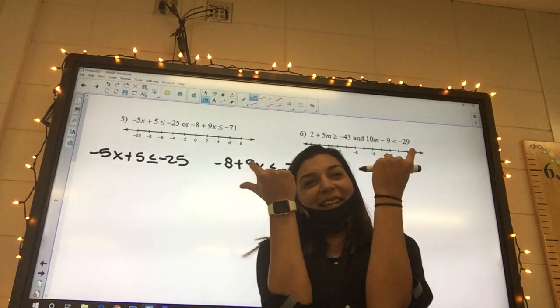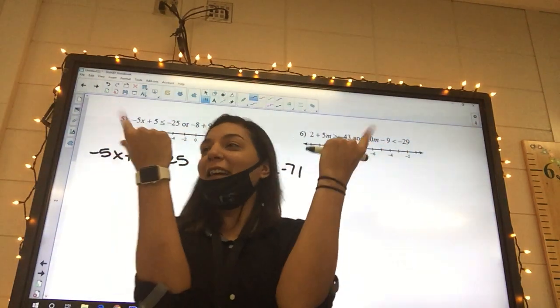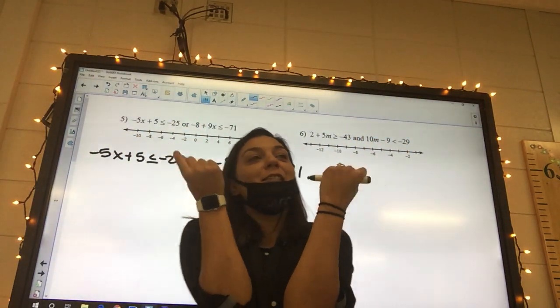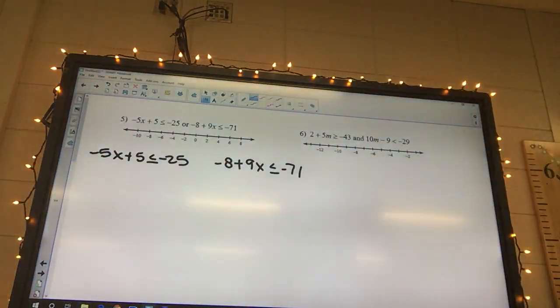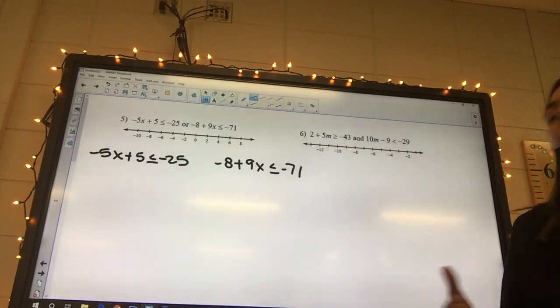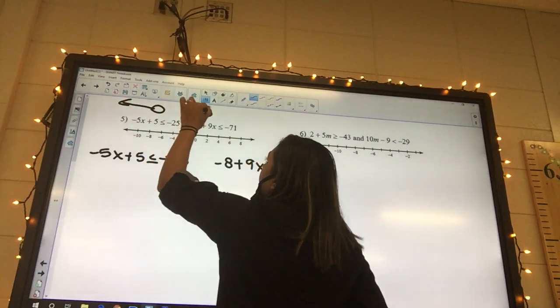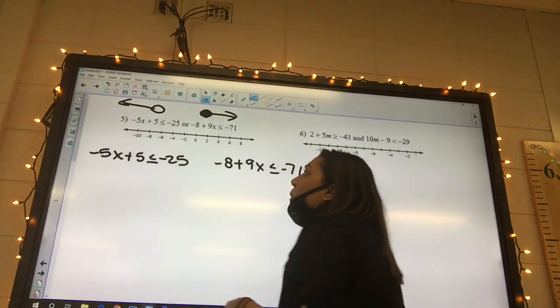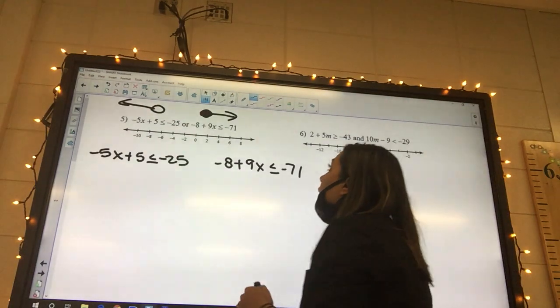They should be pointed outwards, away from each other, because it's an OR, and so we know visually, without even doing any math, that our picture should look something like that. Maybe they're open or closed, I don't really know, but they should be pointed out and away from each other because it's an OR.